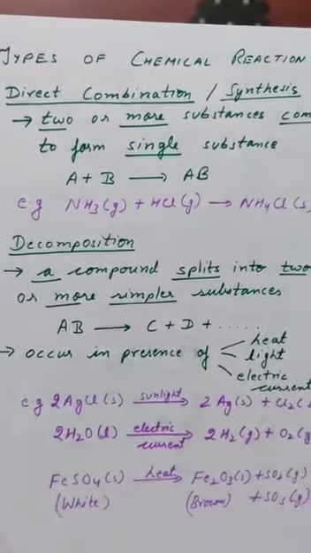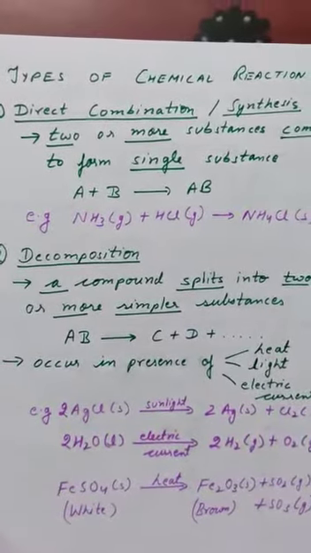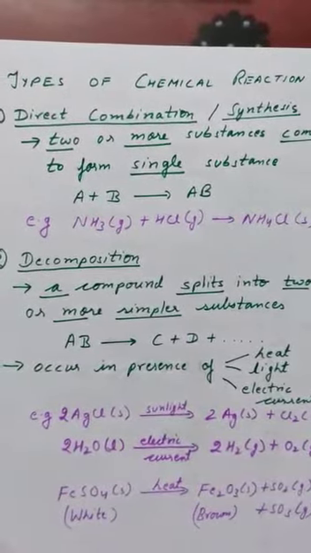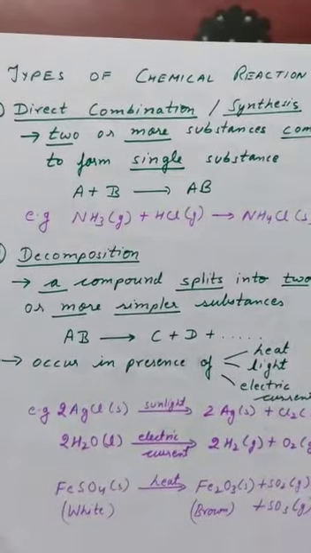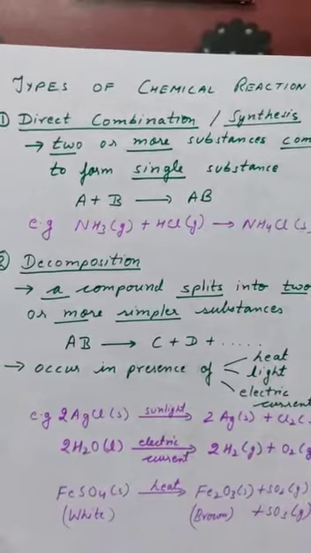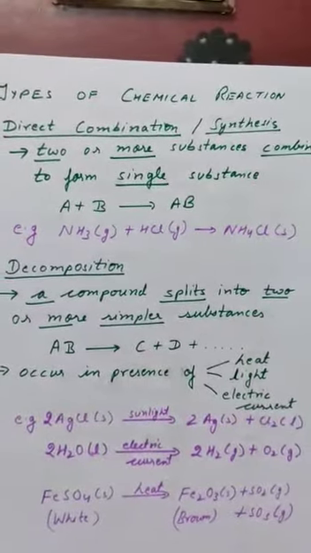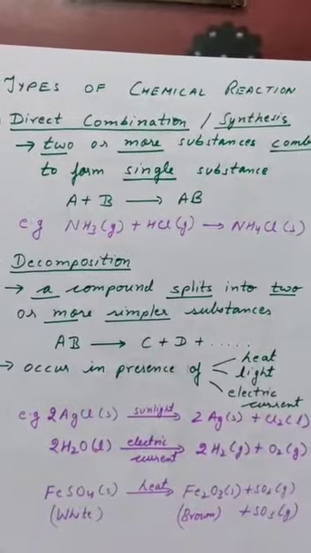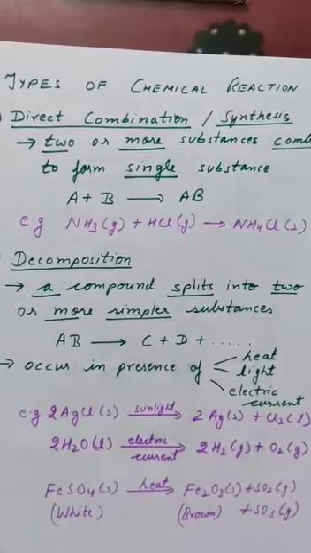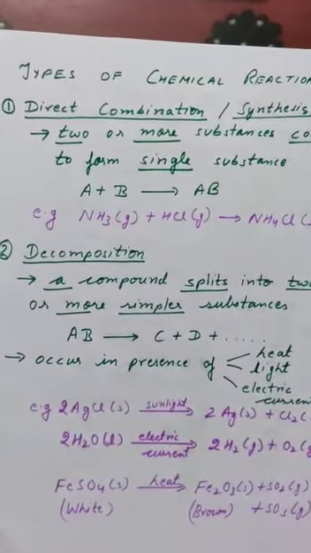For example, ammonia gas reacts with HCl gas to form a single product, that is ammonium chloride. So this type of reaction in which two or more substances combine to form a single substance is known as direct combination or synthesis.